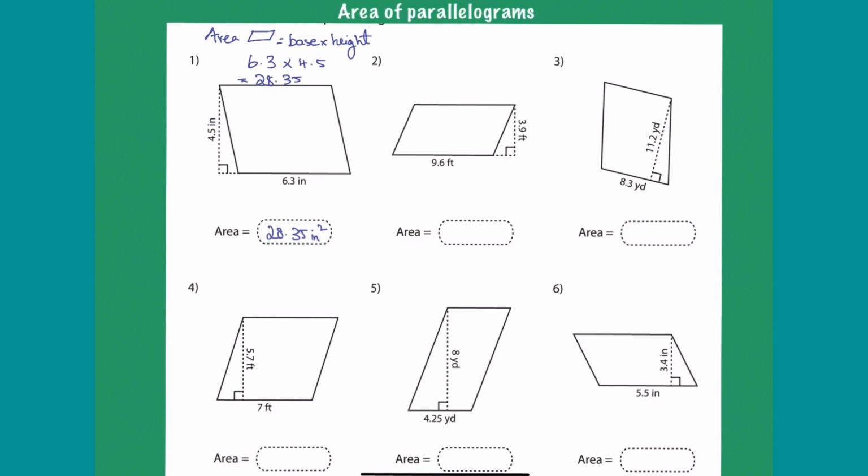All right. Now let's try and do number 2. Number 2 is fairly simple as well. Let's find your base, which is 9.6. And your height is 3.9.